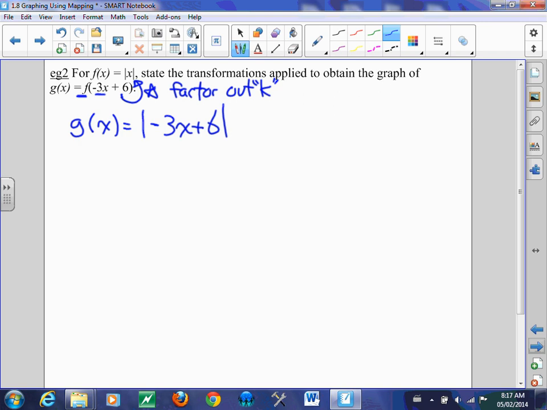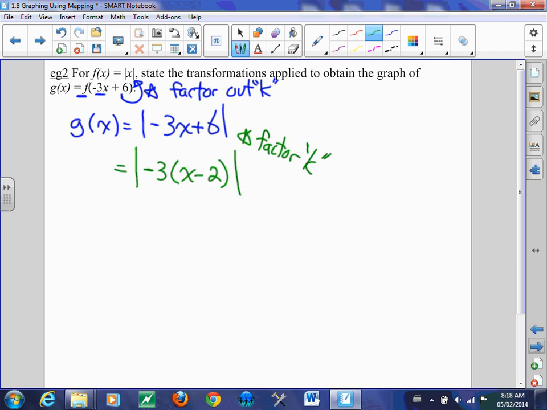And then what I need to do is remember to factor out. So here is where you have to factor out k. Okay, so this is going to look like absolute value of -3 and take -2 out of the two terms, and you've got that. Okay, and then, ladies and gentlemen, all you do is base it on A, K, D, and C and tell me what each means.